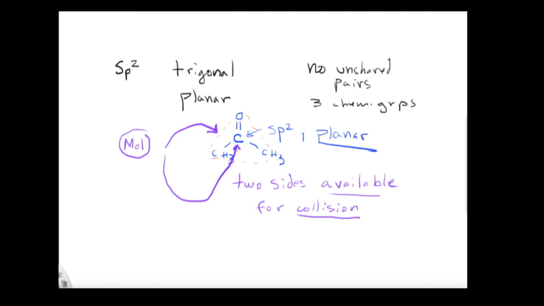So if another molecule will have collisions with those particular atomic centers, the collision can be hampered based on what is actually attached to that carbon. So that makes this geometry super important, because basically you've got 2 sides that are completely open to collisions by other external molecules.